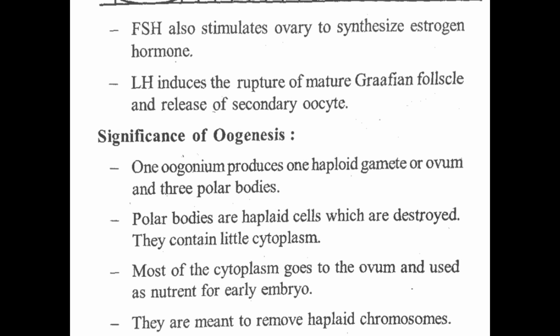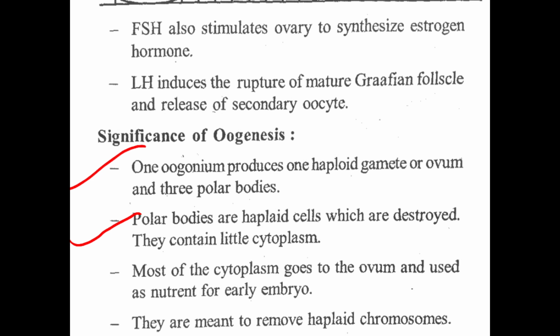Significance of oogenesis: one oogonium produces one haploid gamete or ovum and three polar bodies. Polar bodies are haploid cells which are destroyed.